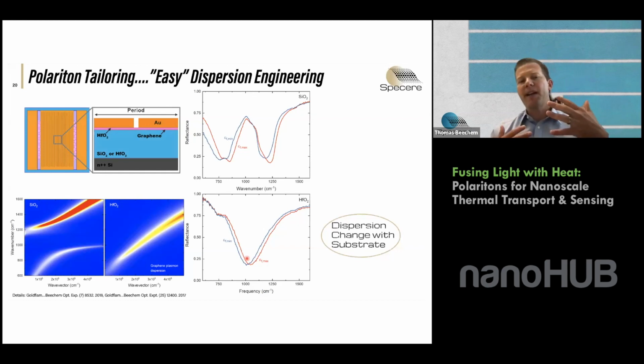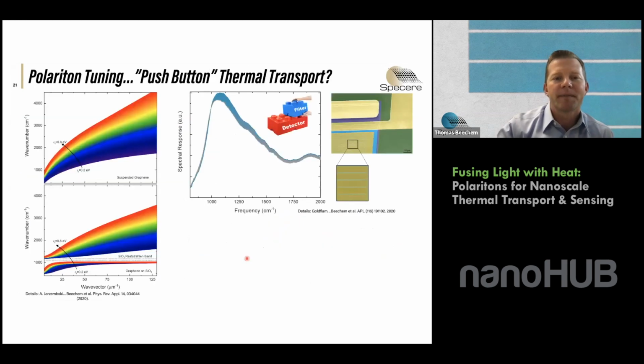As the graphene plasmon and the Reststrahlen bands of these materials, or the phonons in these materials, hybridize, we're actually changing the entire plasmon phonon polariton dispersion. And we don't really think about it that way. We just think about it typically in optics as, well, I changed the optical properties. But what we've really done is change a dispersion. And so we should be able to apply that to thermal transport.